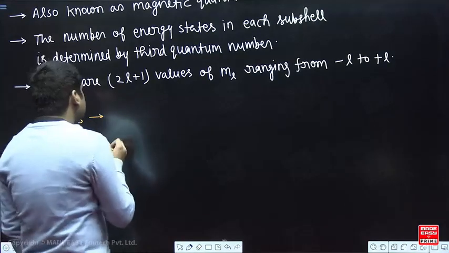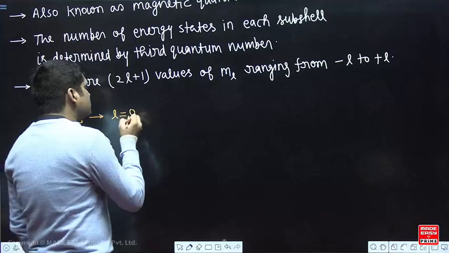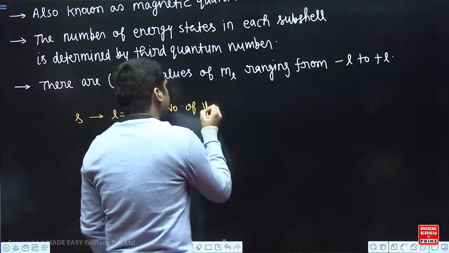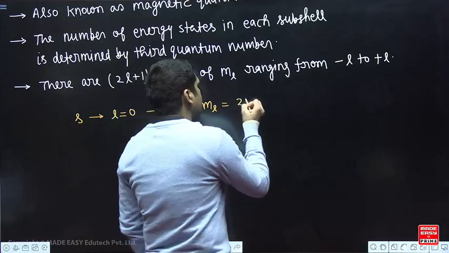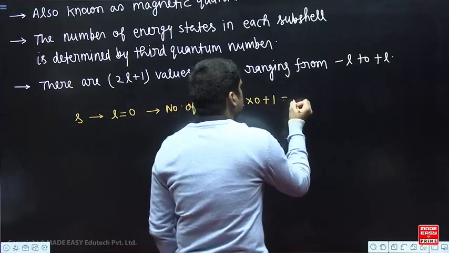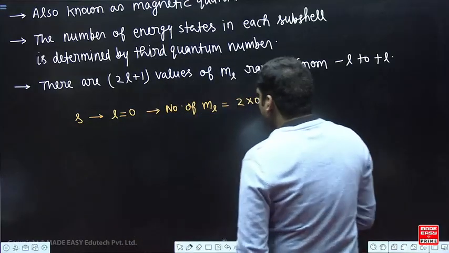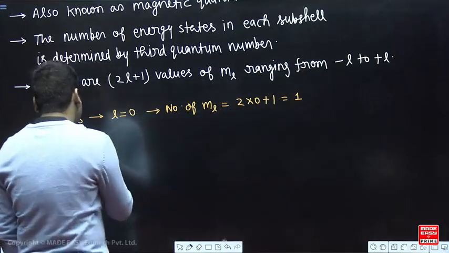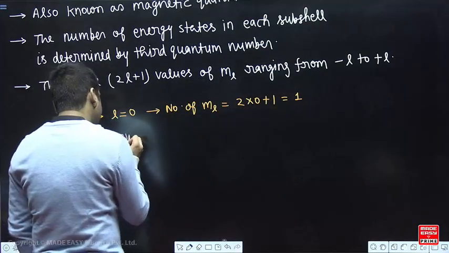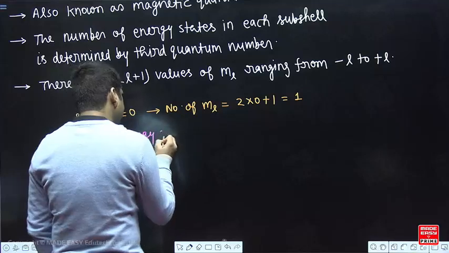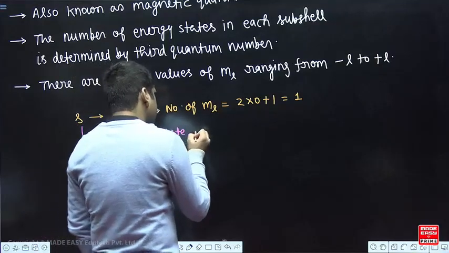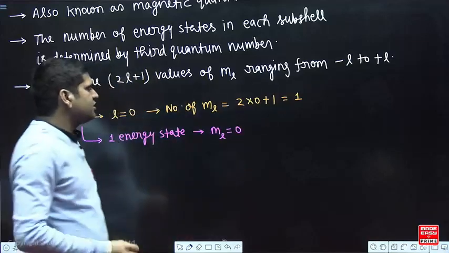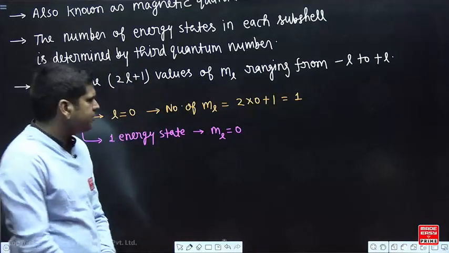So for S, L is equal to 0. So the number of ml is 2 into 0 plus 1, that is 1. So S subcell will have only one energy state, to which you give the value ml is equal to 0, since minus L to plus L, minus 0 or plus 0 both are the same.